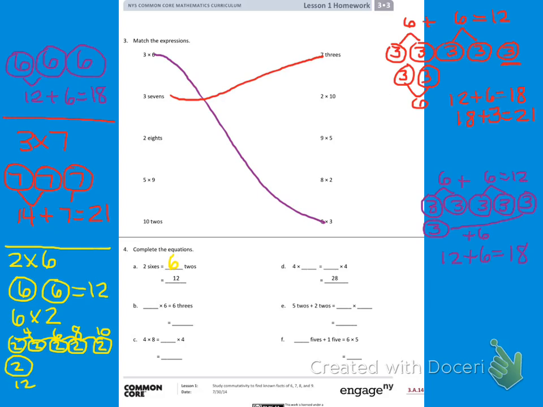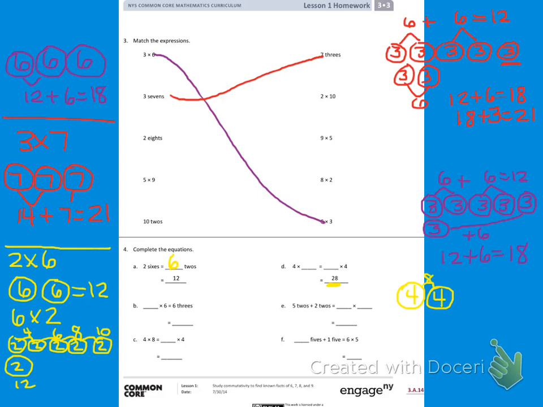Look at item D. That says 4 groups of something is the same as blank groups of 4. How in the world are you supposed to figure that out? Well, you could go ahead and add 4 as many times as it takes until you reach the product of 28. So, here's one group of 4 plus another group of 4. That's 8.